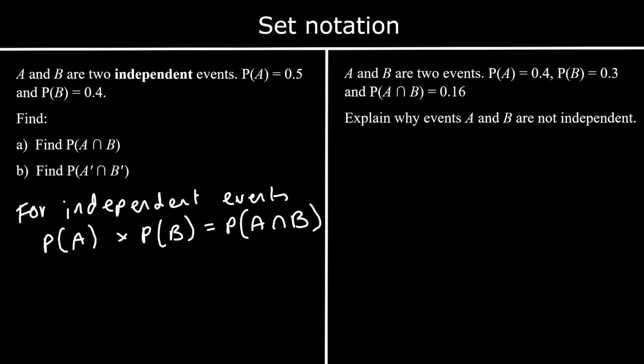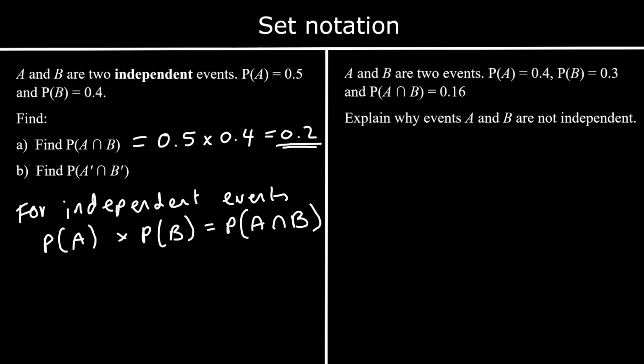So here we've got the probability of A, 0.5. The probability of B is 0.4. What's the probability of A and B? It's 0.5 times 0.4, which is 0.2.